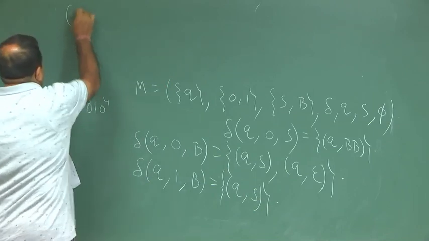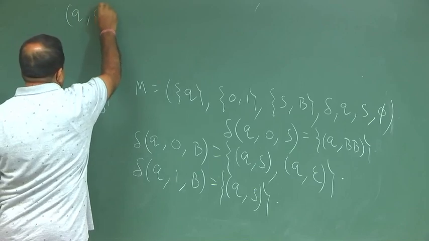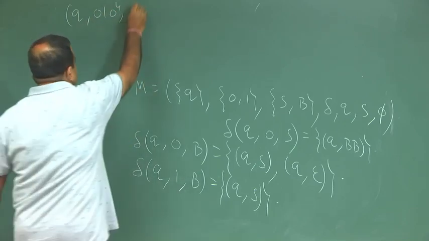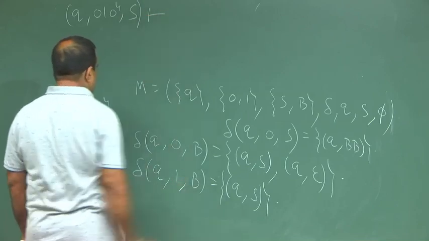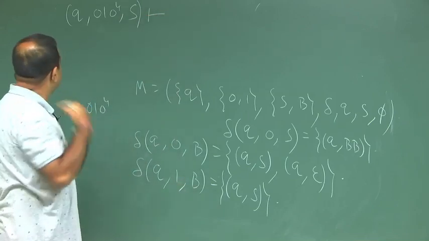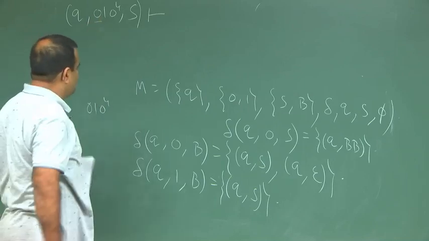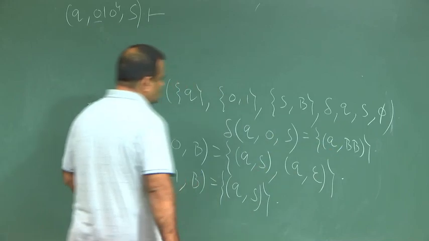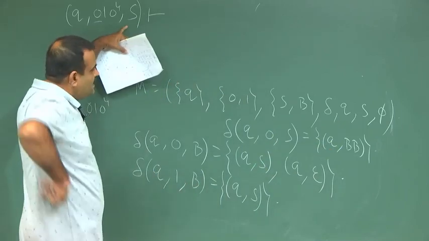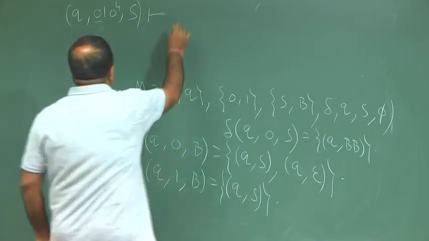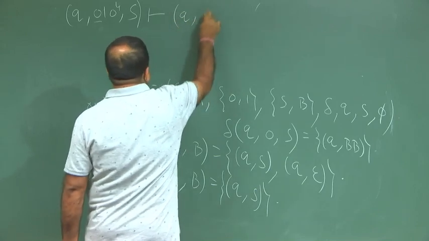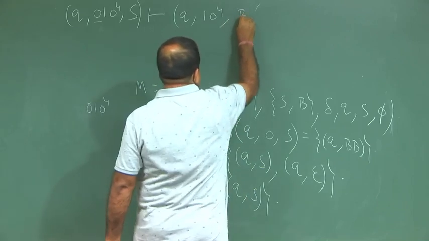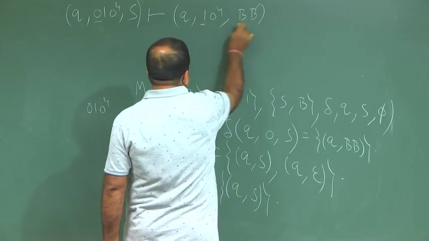For that we start with q, we put this into the tape and then our starting symbol is S. Okay. So, where will this go? We first read a 0, (q, 0, S). Q 0 S will go to this. That means this S will be replaced by B B. So, q will remain, 1 0 to the power 4, S will be replaced by B B. Now, we have a 1 here, B here.